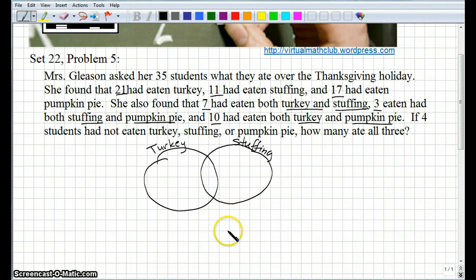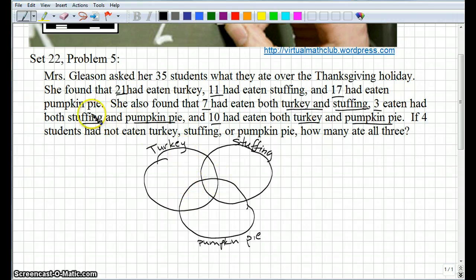And then we have another set of kids that ate pumpkin pie. And you notice again they overlap because some kids ate turkey and pumpkin pie, some kids ate stuffing and pumpkin pie, they'd be in this area here, and some kids ate all 3. So some kids are in this set, in this set, and that's what's represented here by this middle intersection. So a Venn diagram is a good way to organize the data for this problem.